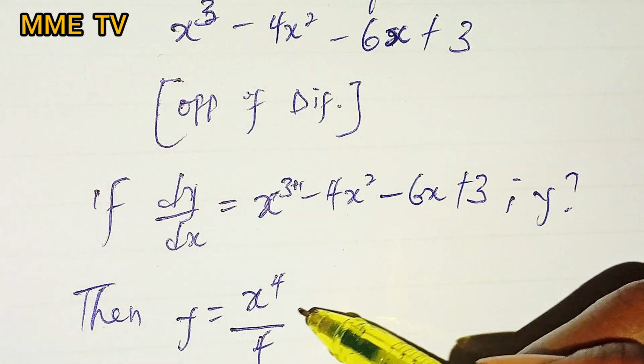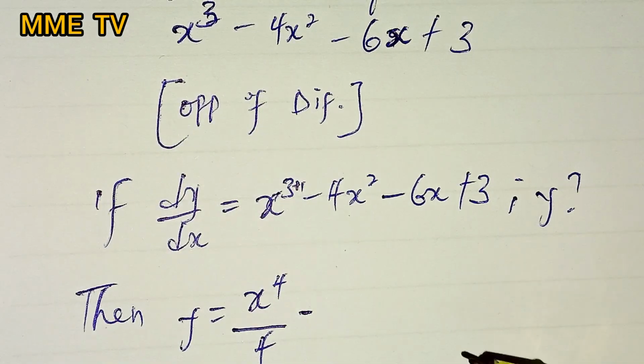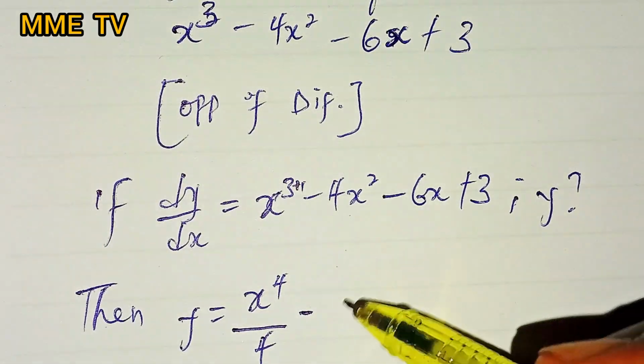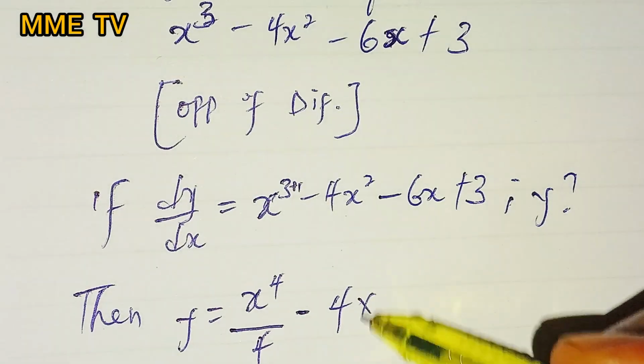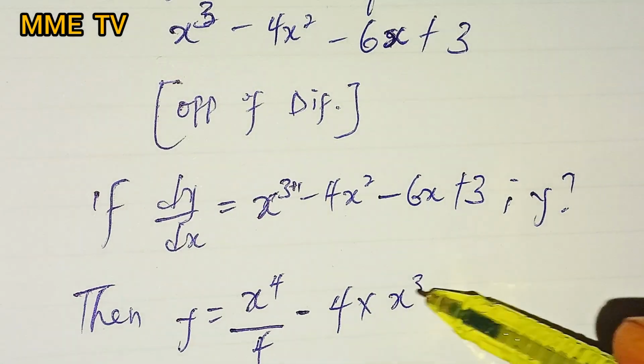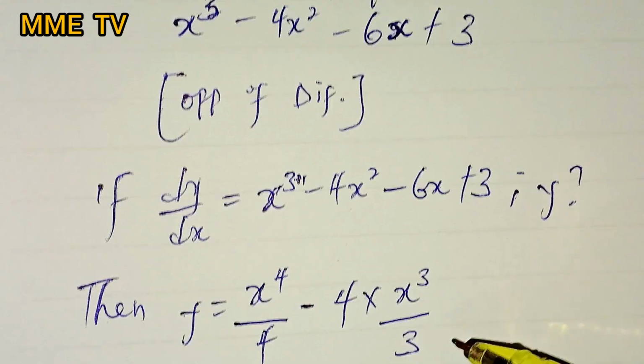That's number one. Then in the second algebraic term, which is minus 4 multiplied by x raised to power of 3 over the same power, that's 3.